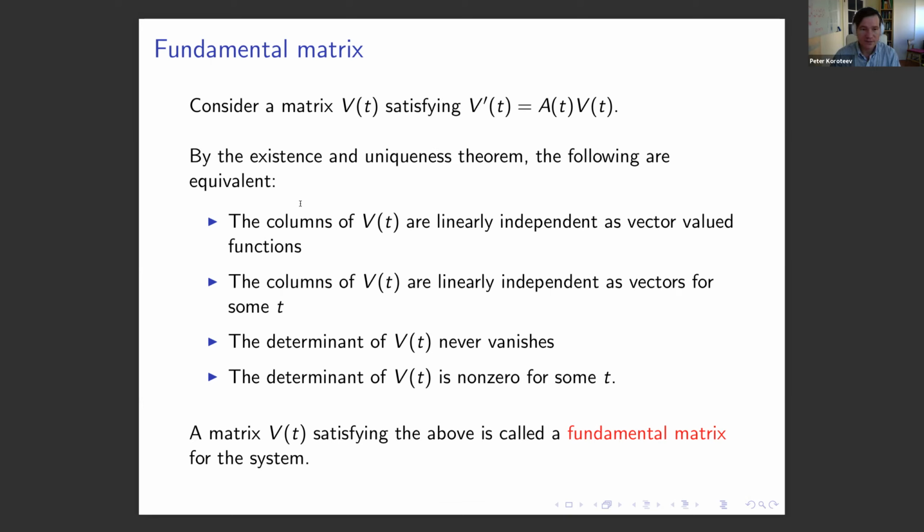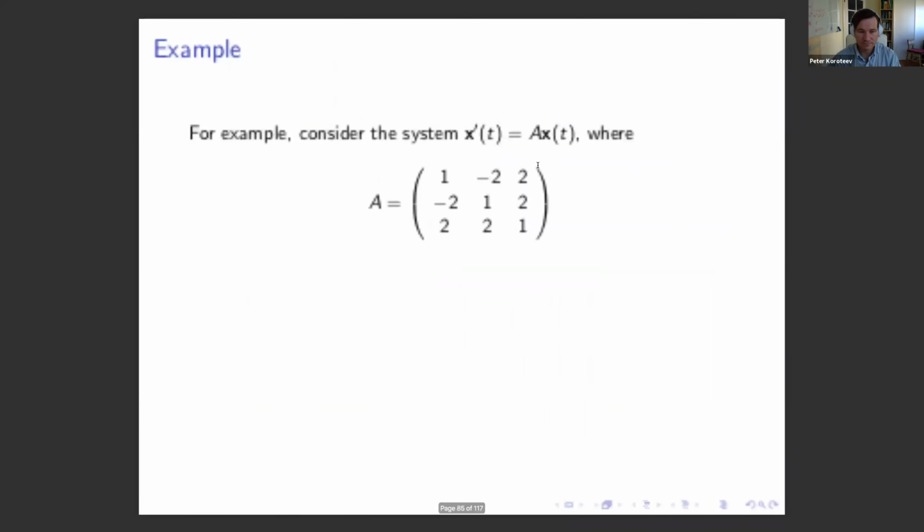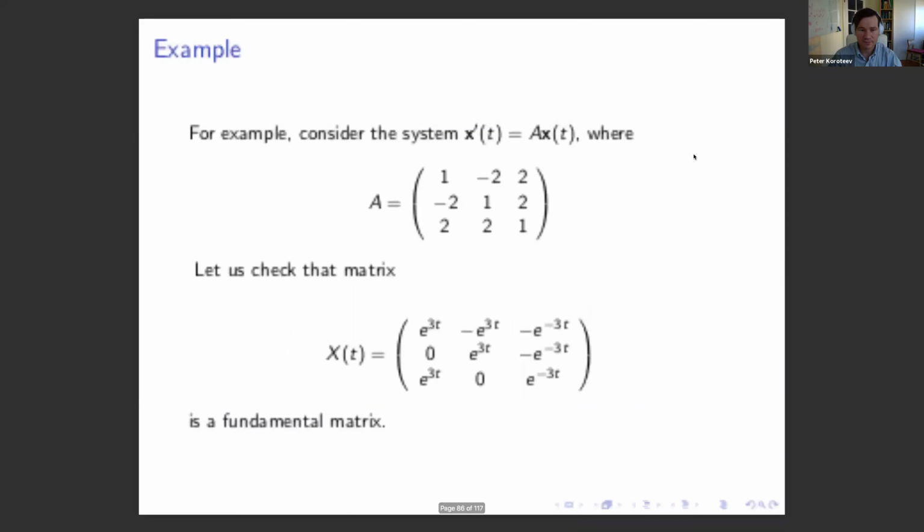Make sure you understand that all these statements follow directly from the existence and uniqueness theorem, which we discussed on previous slides using the algebraic approach. So take this system of equations, a three-component vector x prime equal to A, this 3 by 3 matrix, acting on the vector x of t.